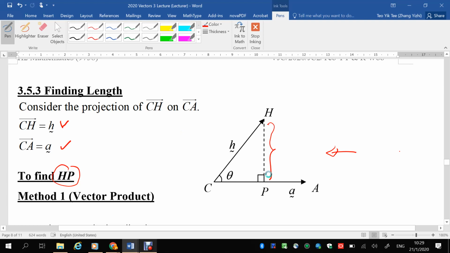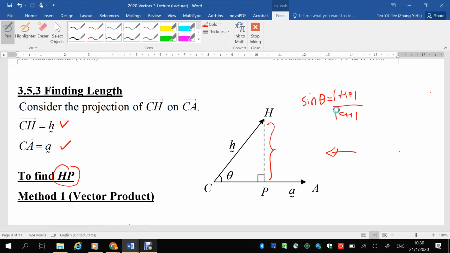Okay, let's use trigo to help you now. What is the length of HP using trigo? Sine theta is equals to HP length over CH length. Agreed? Using trigo alone. Nothing new yet. Can? Okay.